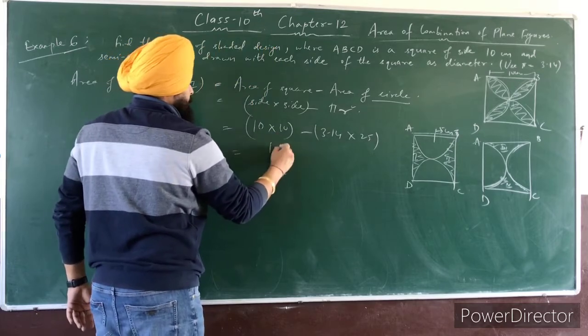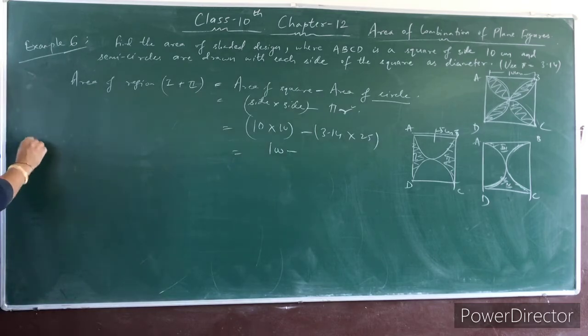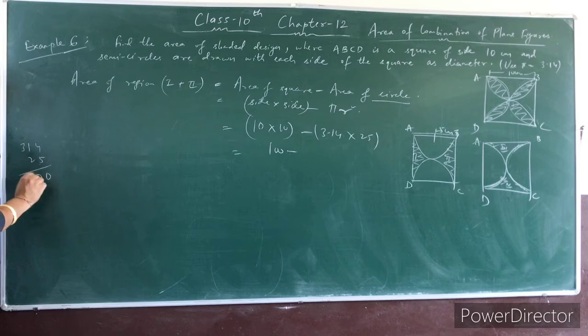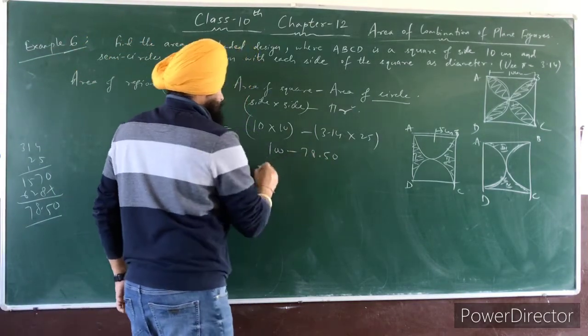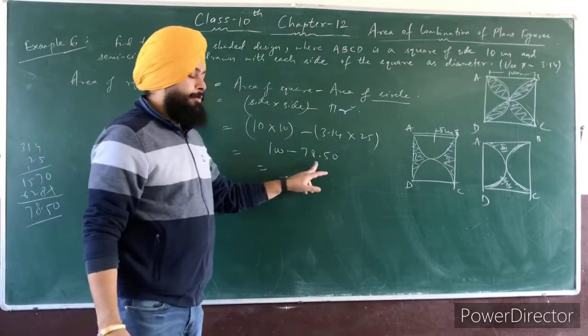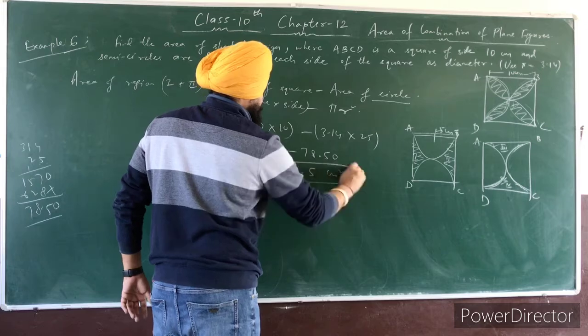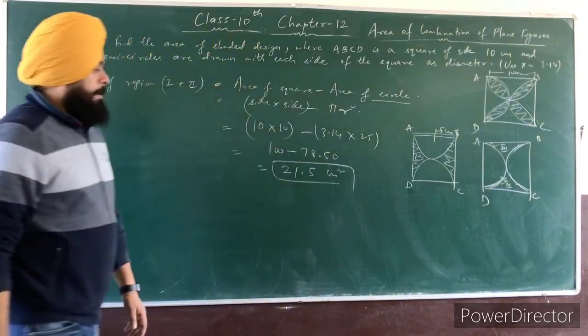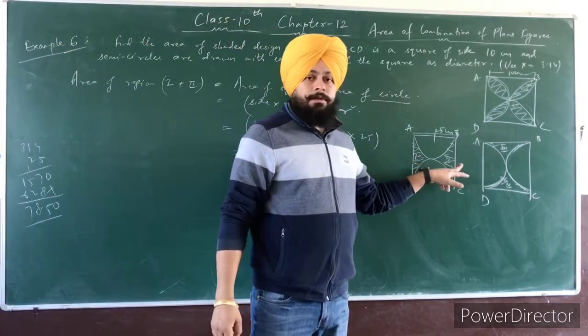So 10 times 10 is 100, and 25 multiplied by 3.14 is 78.5. So 100 minus 78.5 is 21.5 centimeter square. So 21.5 centimeter square is the area of region 1 and region 2.